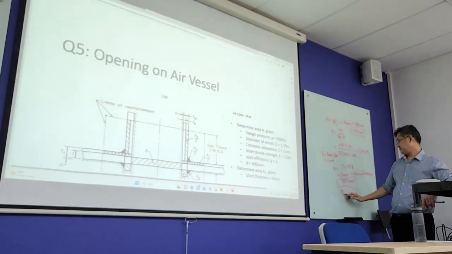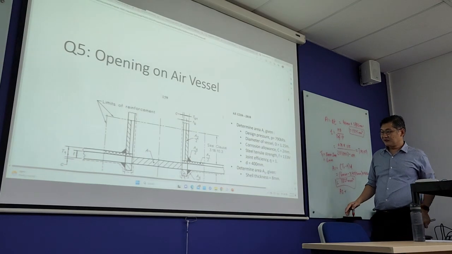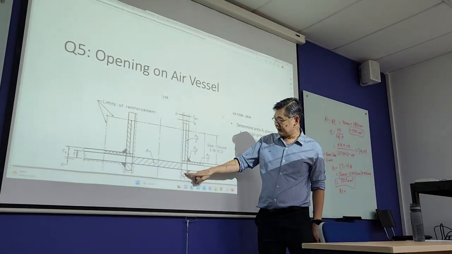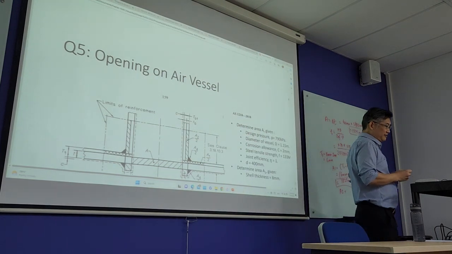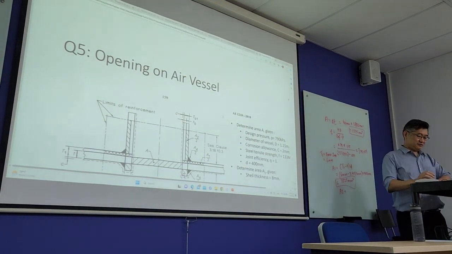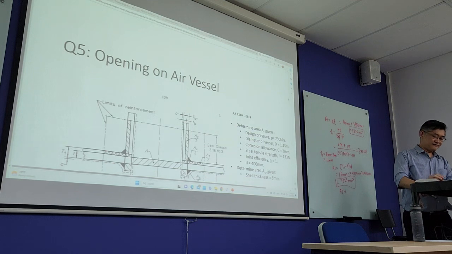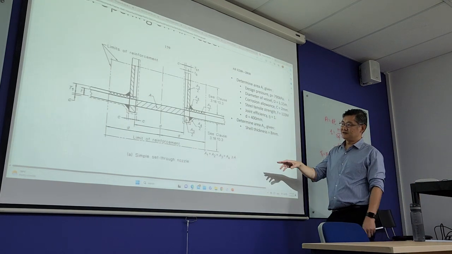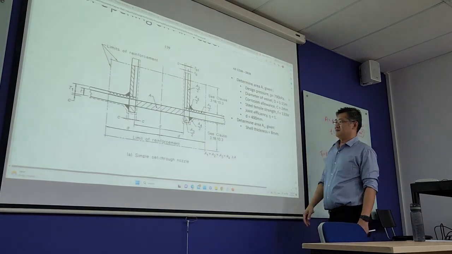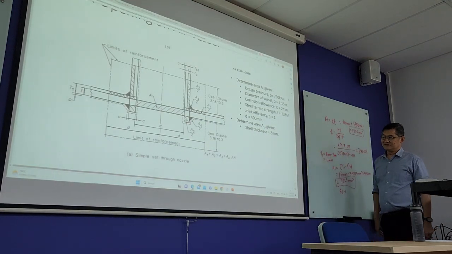So we have to calculate A2, A3. Right now we have A3 because of the diagram here. What we saw is the pipe inserted all the way into the vessel itself. At least you know the approach.